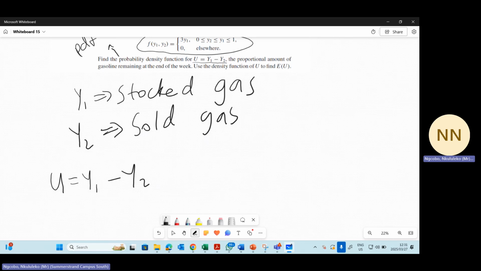So it's y1 minus y2, which makes sense because the amount of petrol you've poured minus the amount of petrol you've sold should give you the remaining amount in a week. And we know that Y2 should always be less than Y1. You can't sell more than you've poured or more than you have. So they want us to find the density function of U and the expectation of U.